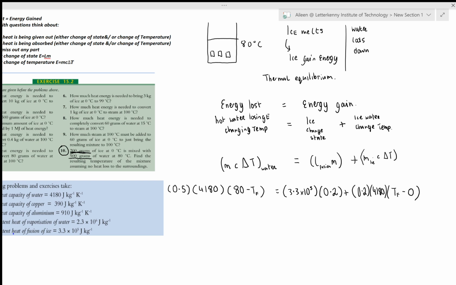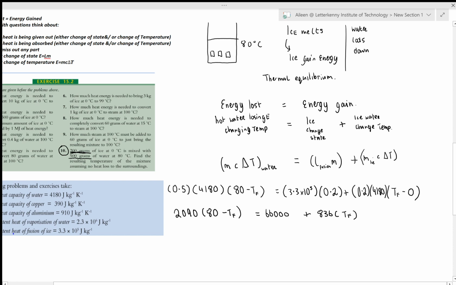So 0.5 times 4180 is 2090, times 80 minus my final temperature, equals 3.3 × 10^5 times 0.2, which gives me 66,000, plus 0.2 times 4180, which gives us 836, all times our final temperature.